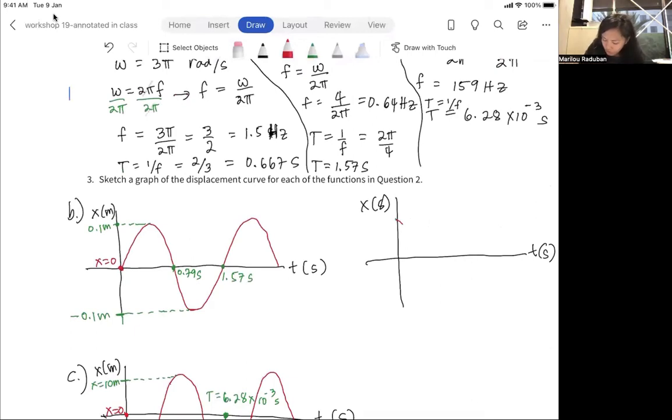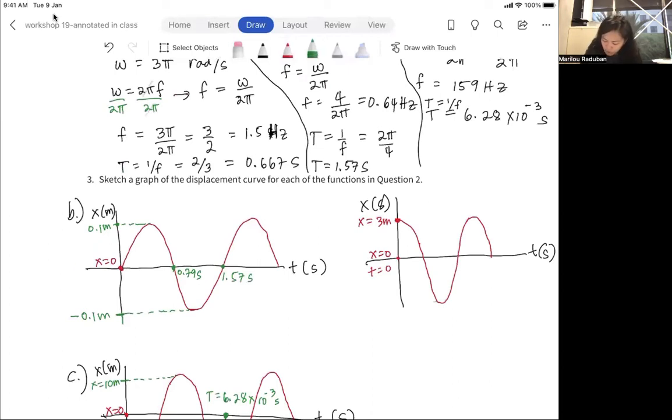So that should look like this graph. Let me draw that better. Okay. So a sinusoidal graph, which starts at x is equal to 3 meters. This is x is equal to 0 and time is equal to 0.